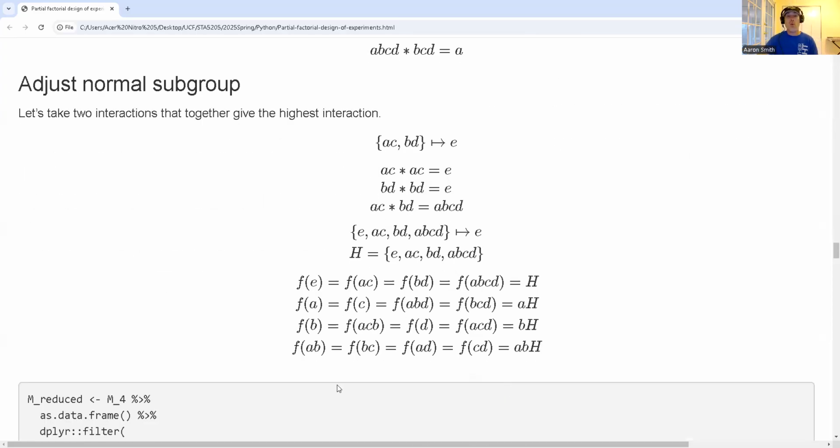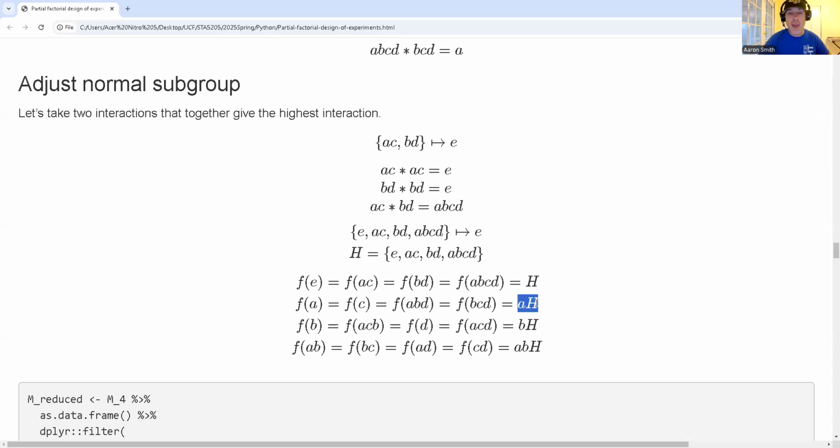So when I set up this as my set for the subgroup, all of these are going to get mapped to the H image, and then if I multiply each of these by A, I get A. Here I get C. Multiply this by A, I get ABD. Multiply this by A, I get BCD. Keep track of the whole matrix setup.